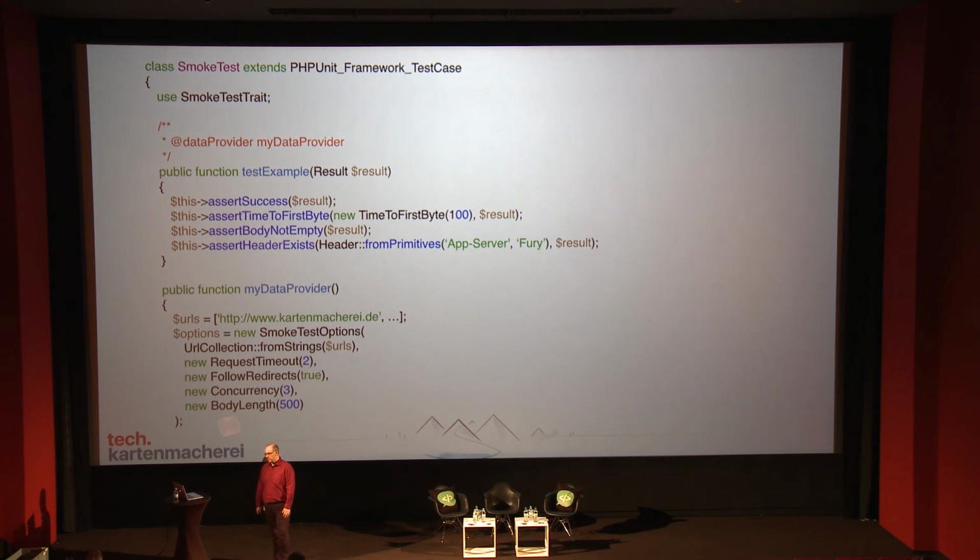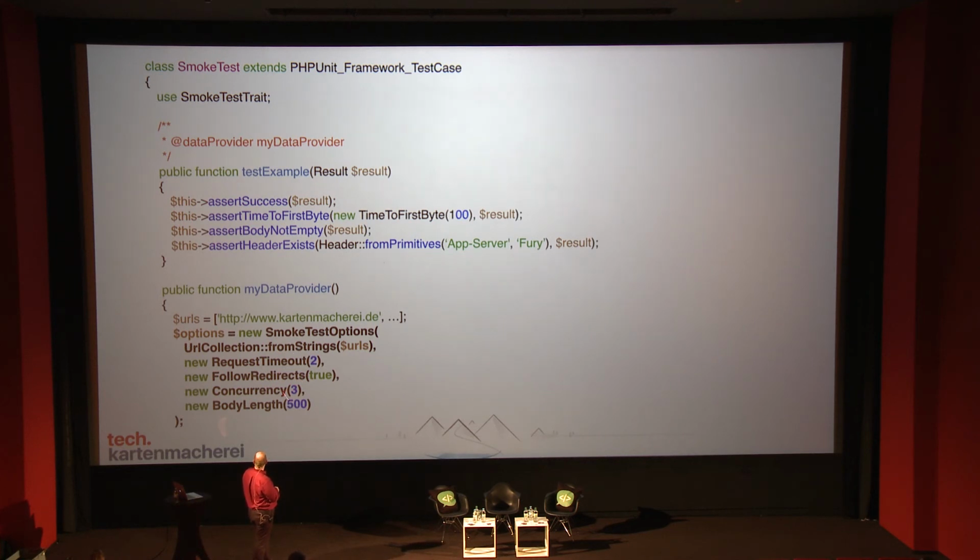In code, that looks like this. So it's quite easy. It's fully object-oriented. It's, again, 100% code coverage as well. And to explain it a bit more in detail, we have first the list of URLs. You can take an array like here, or get that from a file or database or whatever you want. Put it into a URL collection. Then you create the SmokeTest options where you have information like the body length.